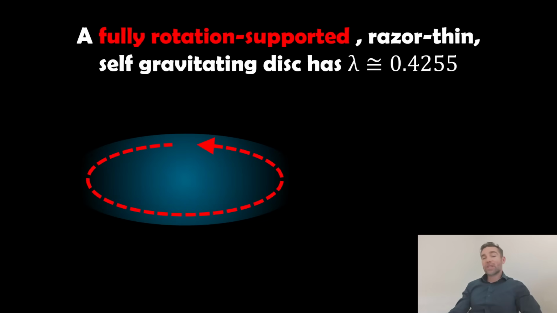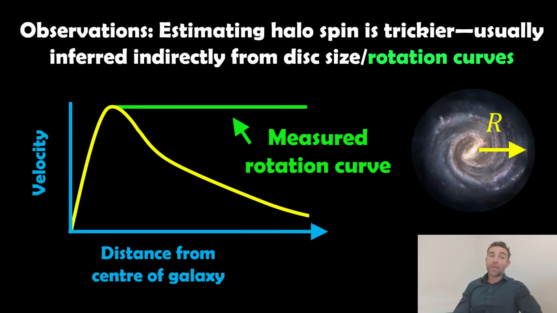On the more extreme side, if we have a fully rotation supported, razor thin self-gravitating disk, then it's going to be just under a half. Well, it's about 0.4255, approximately. And that means that it's more rotation supported as opposed to pressure supported. So again, we don't have any units there. We have these values where we have an upper limit and a lower limit, just to give you an idea of the range there, really.